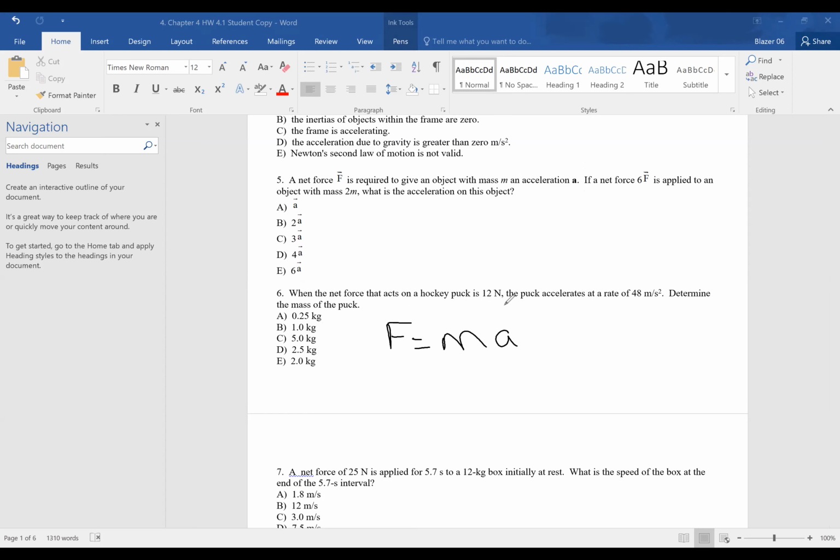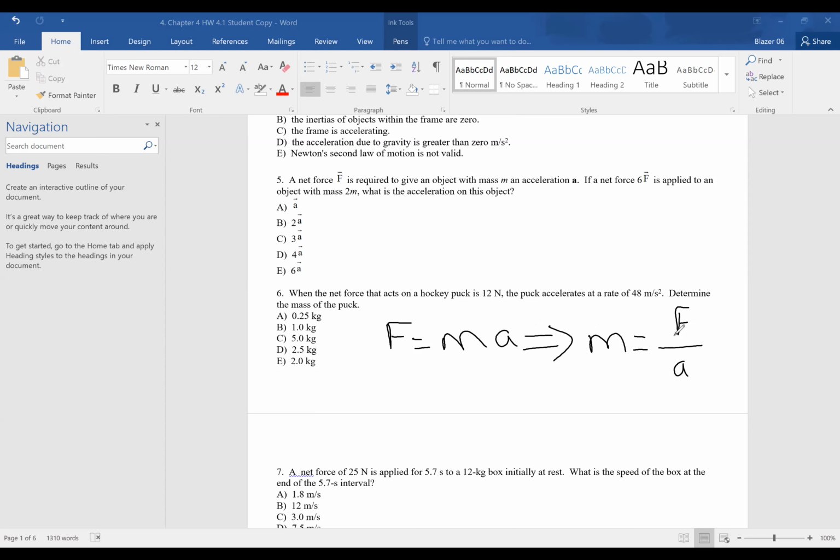But in this case, you only have one force acting, and you want to determine the mass. So we know that the mass is the force divided by the acceleration.